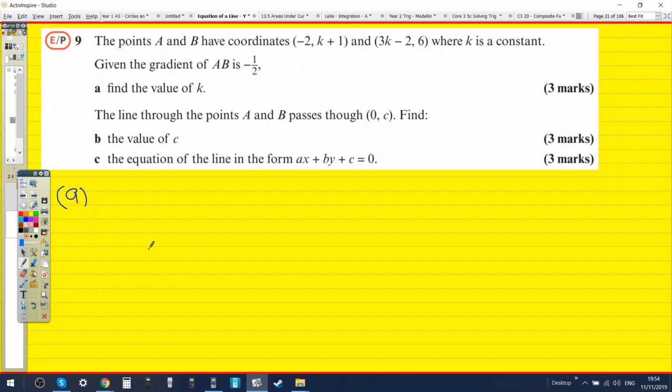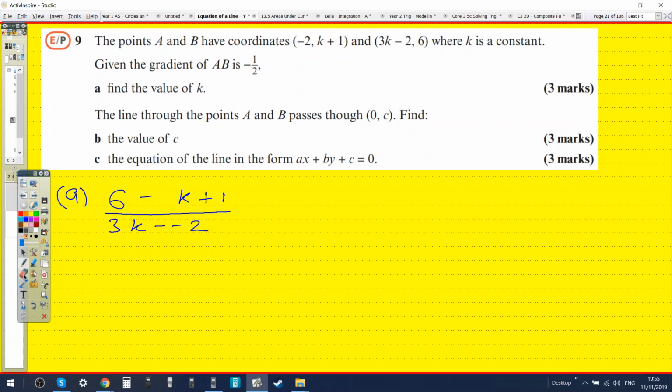Okay. So 6 minus (k plus 1), over (3k minus 2), minus 2. I'm just writing it out. I'll do it in the calculator in a second. And do I need to put that into a bracket or not really? What goes in the bracket? 3k minus 2.